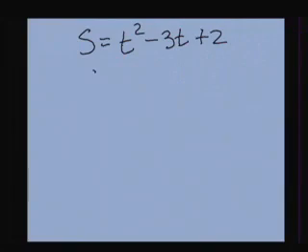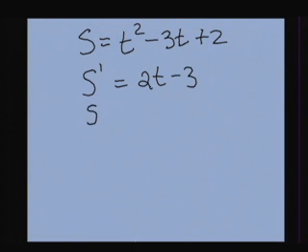We've already calculated s prime, and that was 2t minus 3. And now s double prime, which of course is the acceleration, is going to be equal to 2. It's the constant 2. So regardless of the time that we're interested in, it was specifically t equals 4, we have an acceleration of 2 meters per second squared.